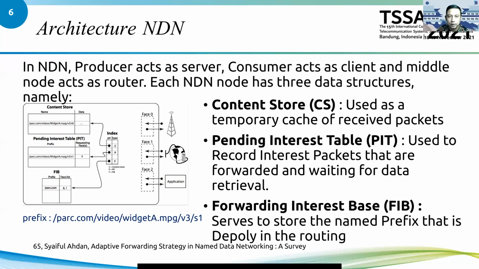Content store is used as a temporary cache of received packets. And the second is the pending interest table, for packets that are forwarded and waiting for data retrieval. Third is the forwarding information base, or FIB. FIB serves to store the name prefixes that are deployed in the routing.